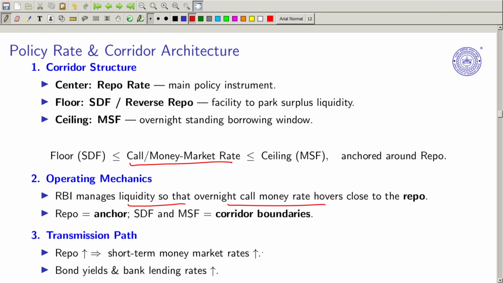The most important part is that if the repo is increasing, then borrowing and lending in the interbank market and other institutions is affected, for example through the call money rate, which deals with interbank borrowing and lending.